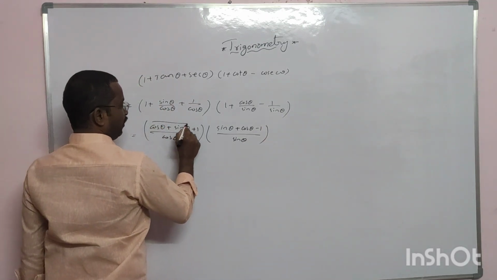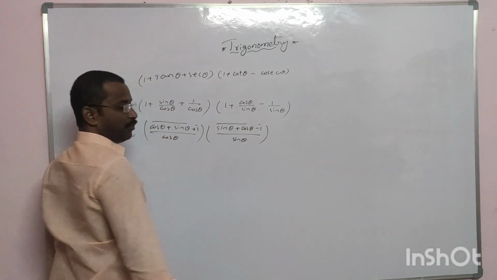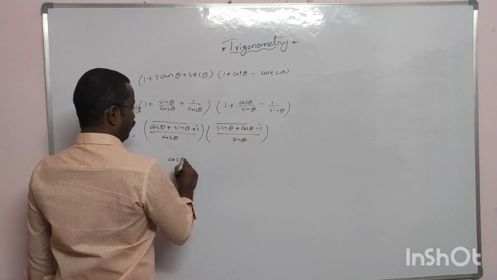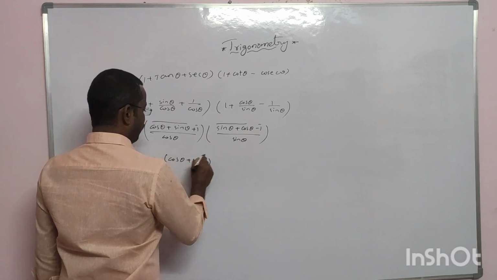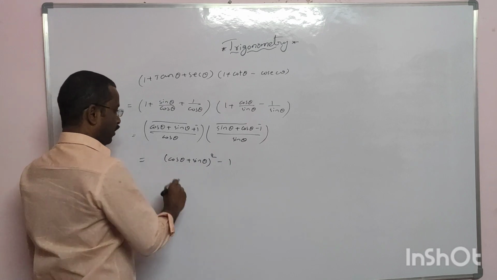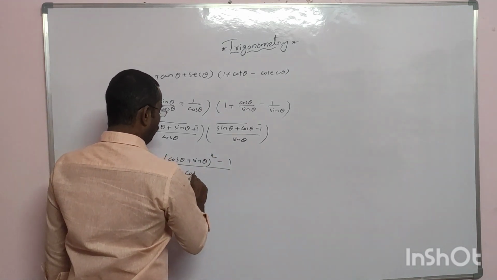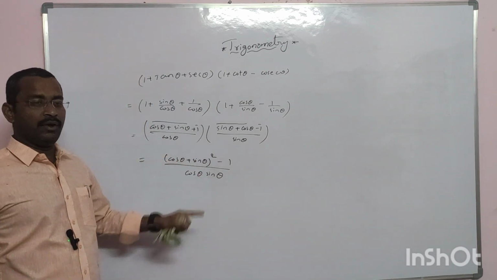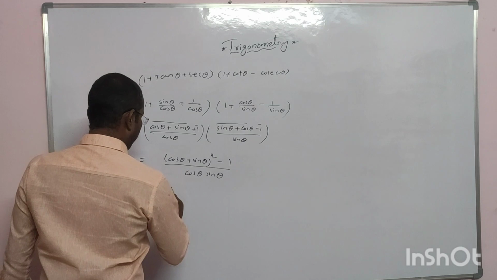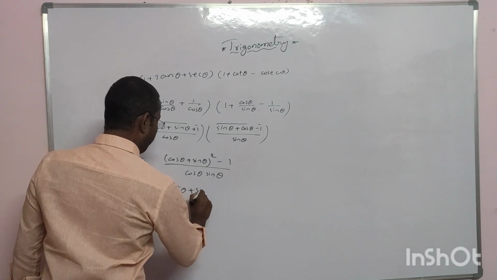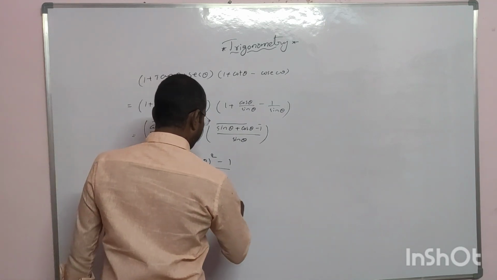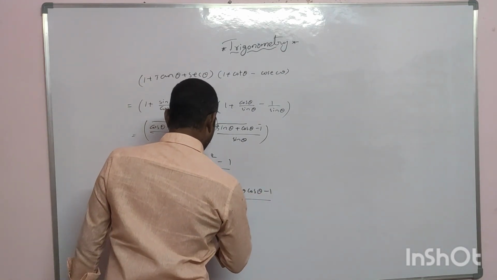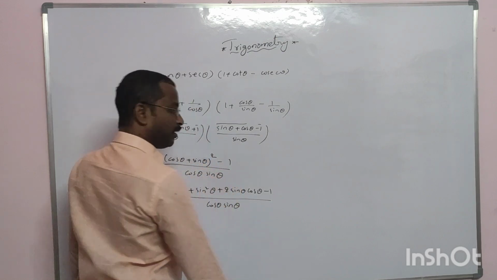Let's say this is your A and this is your B. A plus B into A minus B is A square minus B square. So A square is cos theta plus sin theta whole square, minus 1, by cos theta into sin theta. Now it is in the form of A plus B whole square. So what will we do? Cos square theta plus sin square theta plus 2 sin theta cos theta, minus 1, by cos theta sin theta.